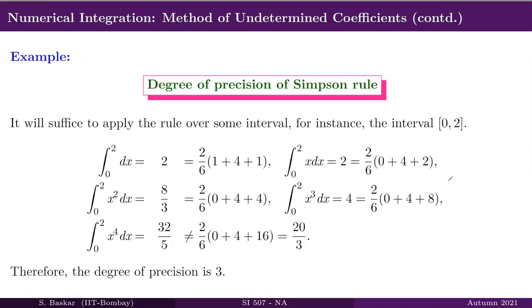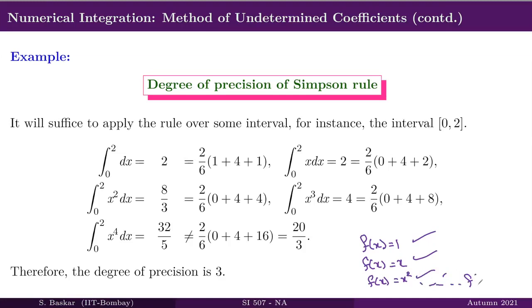Once you fix the interval, you keep on checking f of x equal to 1. If that is okay, you go for f of x equal to x. If that is okay, you go for f of x equal to x square, like that. You keep on going.